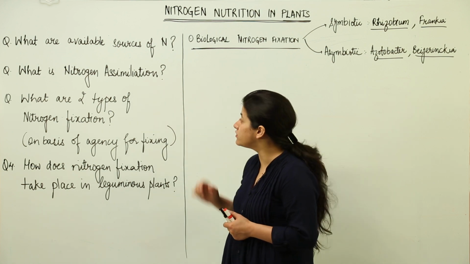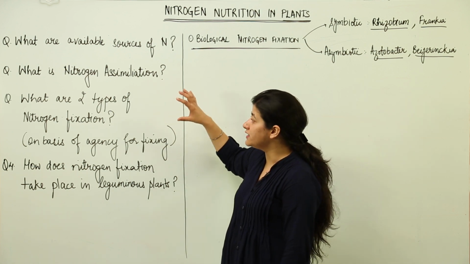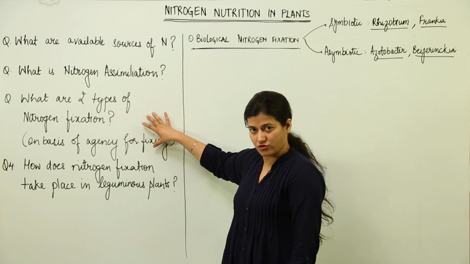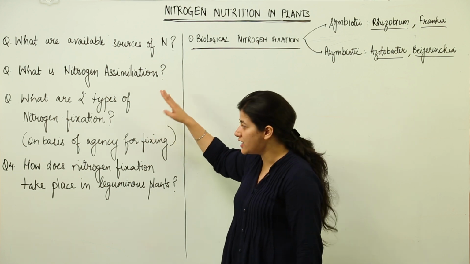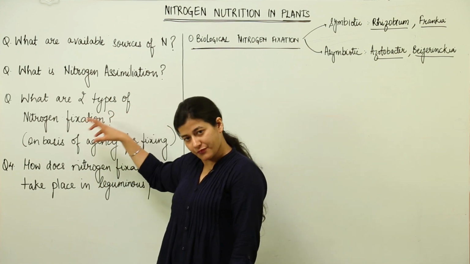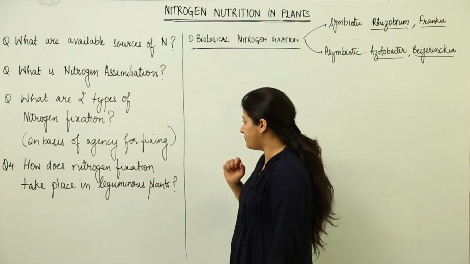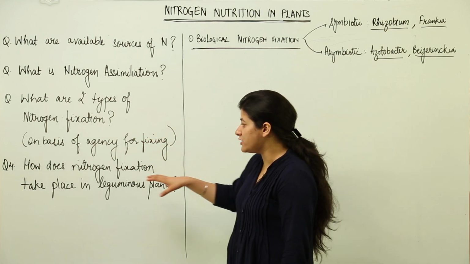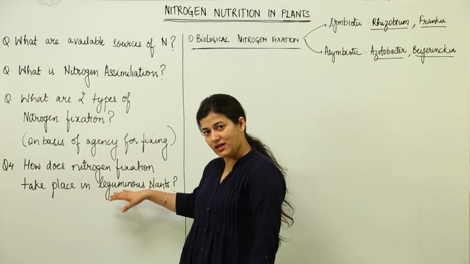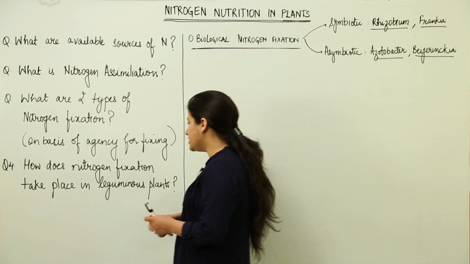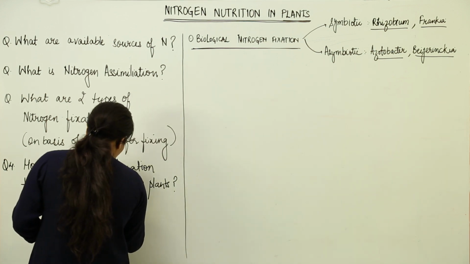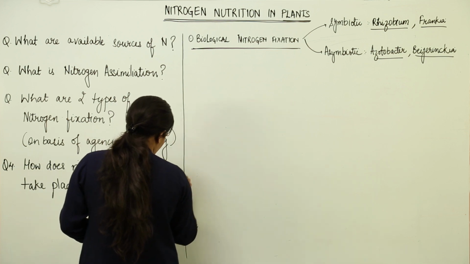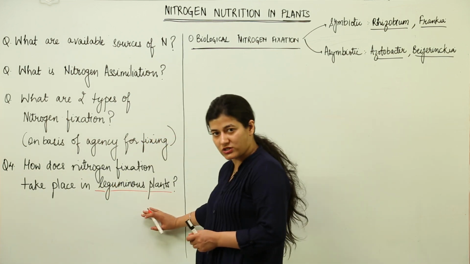What is basically nitrogen assimilation? What are the types of fixation of nitrogen, that is, how is the available nitrogen fixed for the plant? And what is the nitrogen fixation process in case we are talking about leguminous plants? By the end of this lesson, you must be able to answer all these questions.